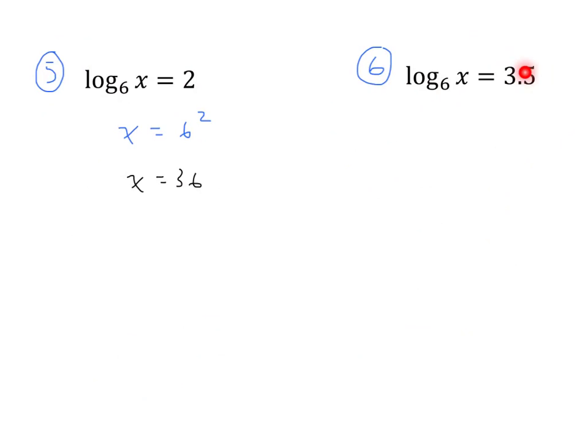So x has to be equal to 6 to the 3.5 power. This is the exponent that I raise my 6 to get x. Again, we'll use our calculators for this, but if you enter that into your calculator, you get 529.09.